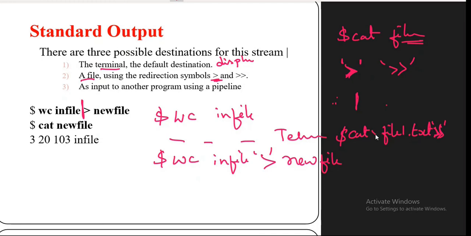Not at the end, it should be in the beginning: cat followed by this redirection operator and the name of the file. So this indicates you are appending the content without disturbing the existing one.